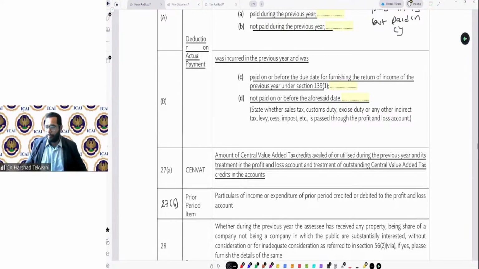But currently, if there is any amount outstanding in the CENVAT credit account, then you need to provide the details of the same over here. So basically records were maintained in RG23 form and all those details were there.